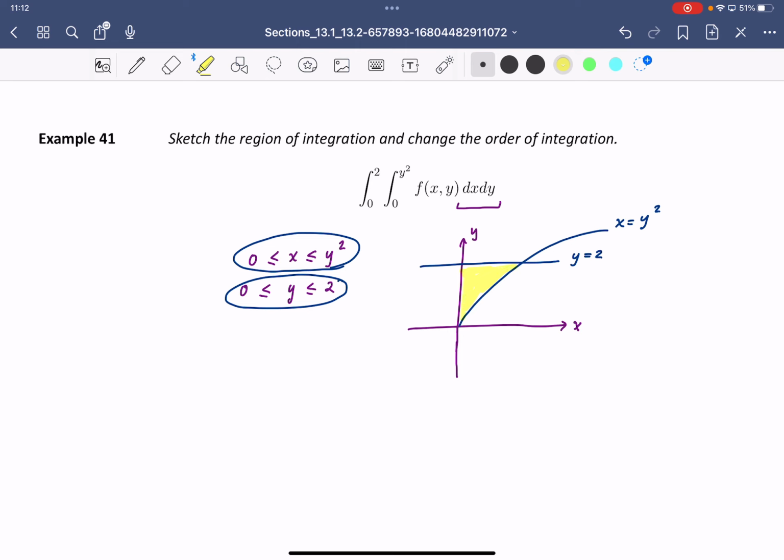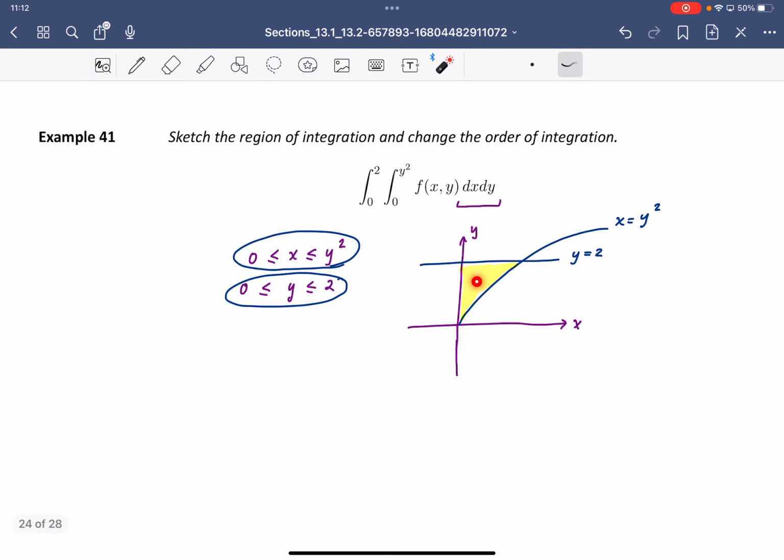If I do this part, it's gonna be impossible because the region goes to infinity, or this one is not good as well. So the potential one that you're interested in is this one.